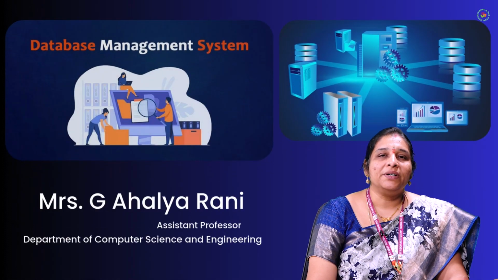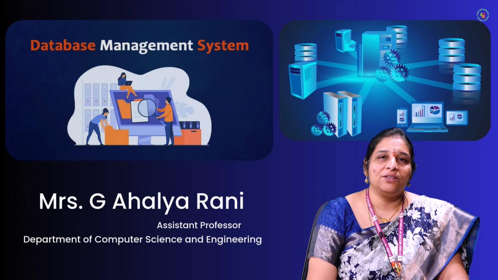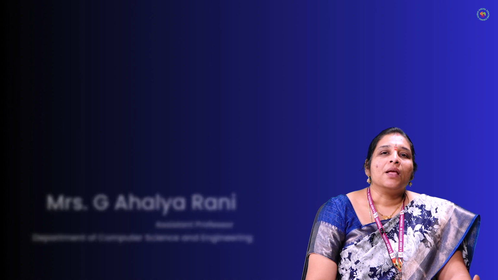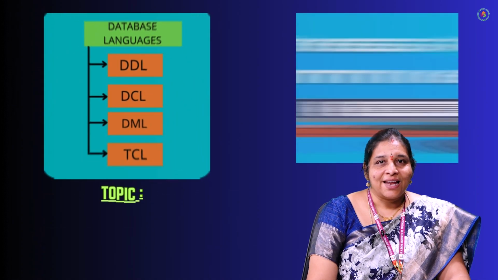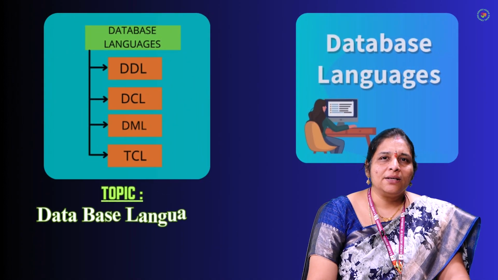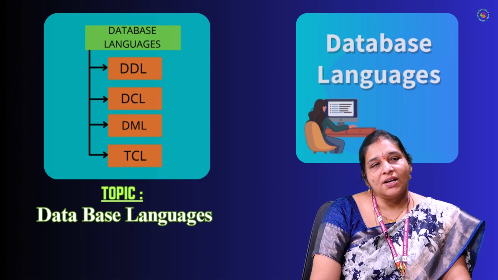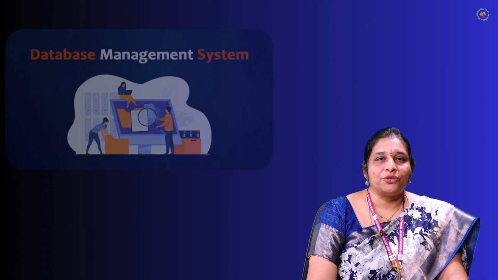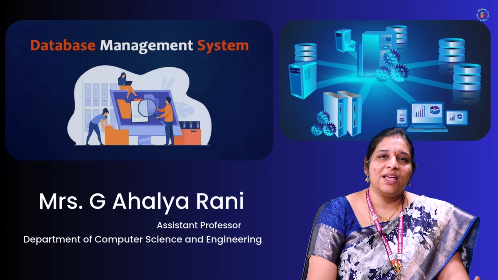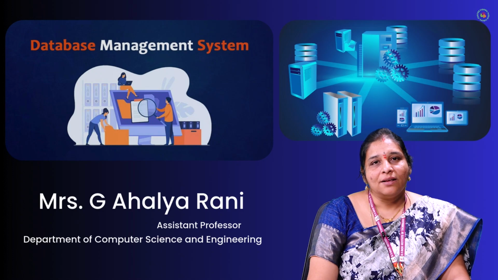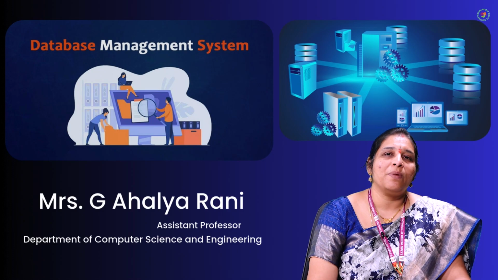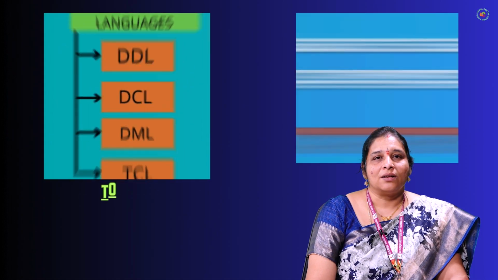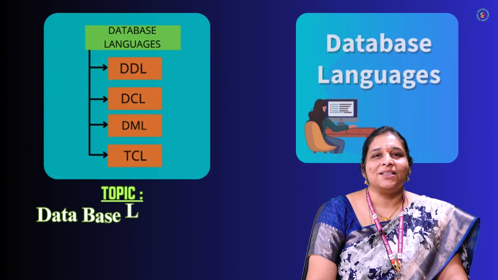Then we moved on to DML, data manipulation language, underneath which we have understood the syntax, examples, and definitions of select, insert, update and delete. Then we went to DCL, and finally we saw transaction control language, underneath which we have seen commit and rollback. Under rollback we again saw partial and total rollbacks, and then savepoints which are used to temporarily save the state. With this comes the end of today's topic, database languages.